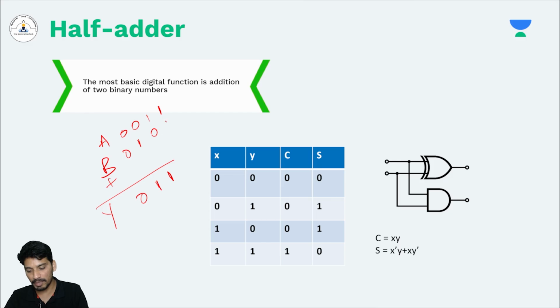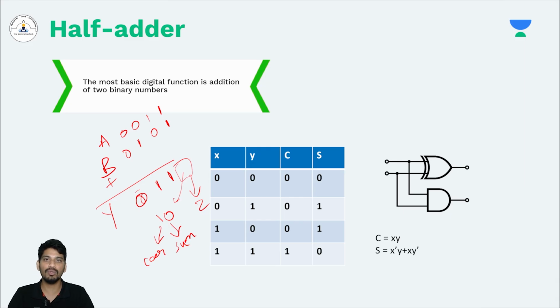But what happens if I add two ones? You cannot represent 2 in binary with zeros and ones. What is the addition of 1 and 1? Ideally, I require 2. But you have only two symbols, 0 and 1. So how do I represent 2? I can represent 2 with 1 and 0. So I'll call this 1 a carry and 0 a sum.